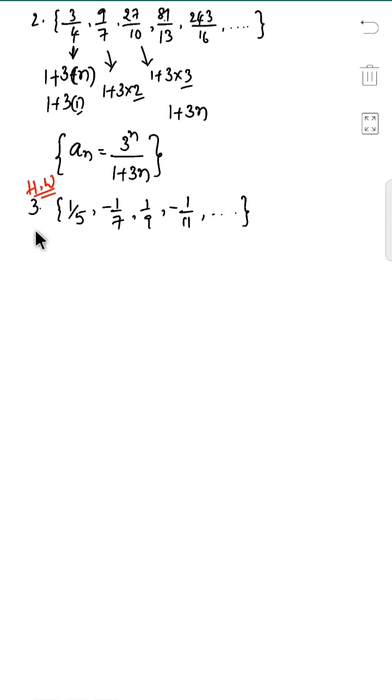Next, is the concept of sequences new to us? We have a question here. Is this concept new to us?